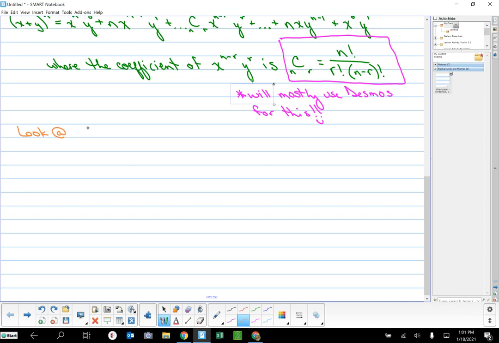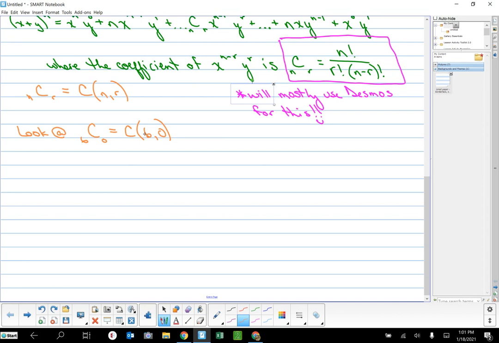One other thing you need to know is that nCr is also in the Desmos calculator, and it's written like this. I will be teaching you how to use that, but if you see me write it like this, you know what is happening.